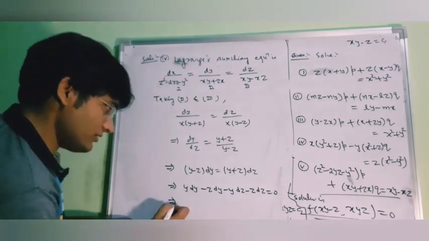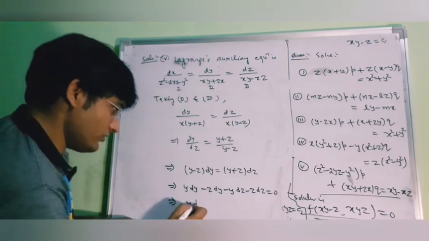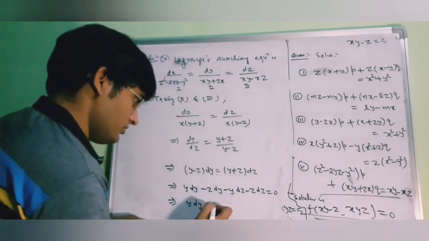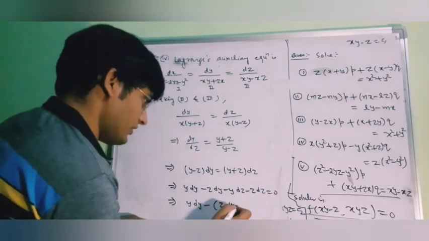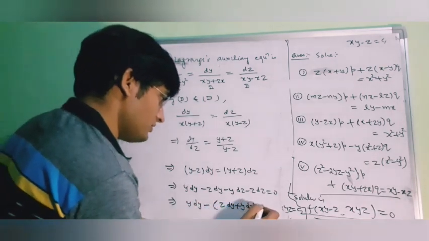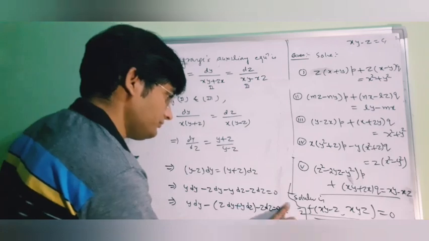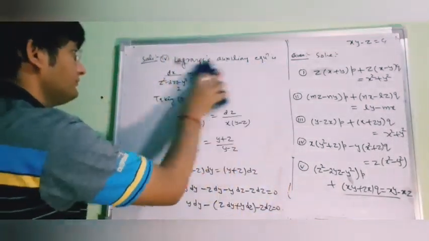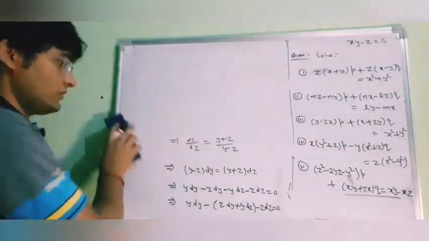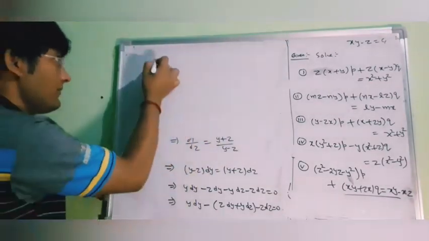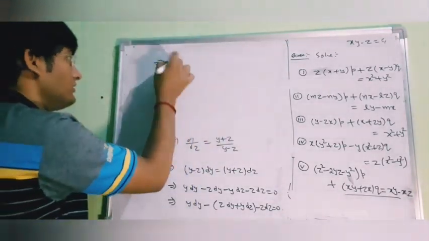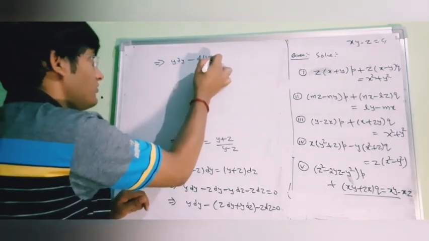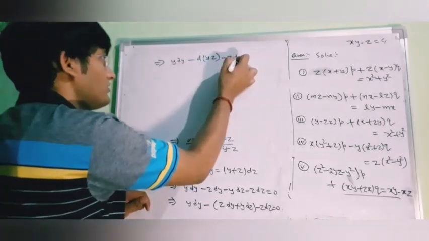So you can see that this is your y dy and this is your z dy plus y dz, and the fourth term is z dz equal to 0. So now the first term is y dy, the second term is d of yz, and the third term is z dz equal to 0.